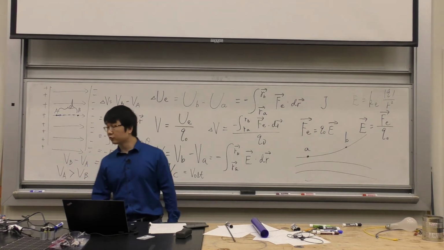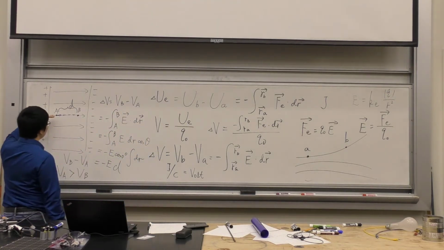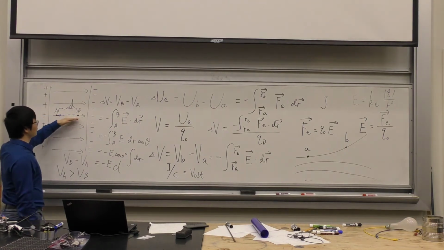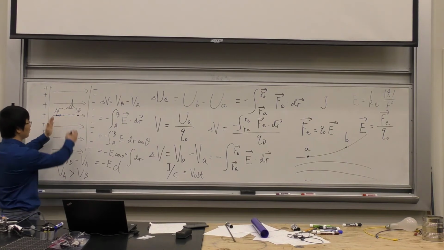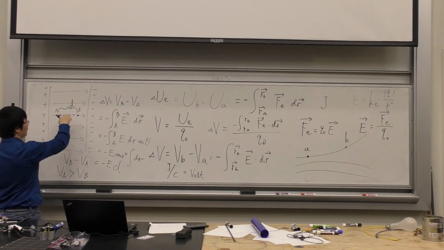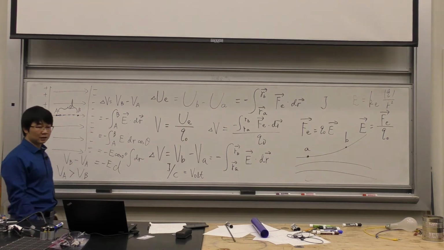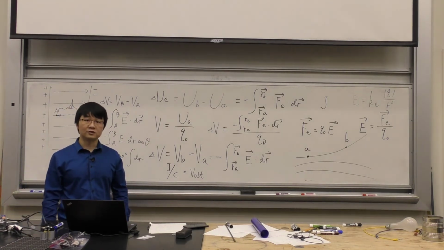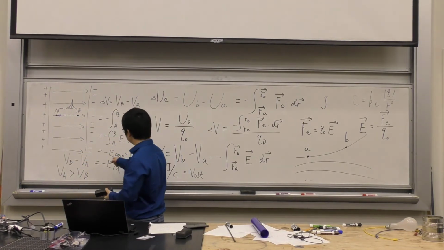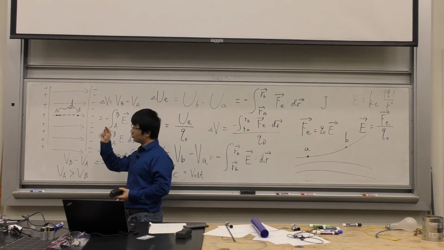Electric field line, you see that electric field line is pointing in that direction, and in that direction, the potential always decreases. So if you pick any 2 points along an electric field line, in the direction of the electric field lines, the potential always goes down.